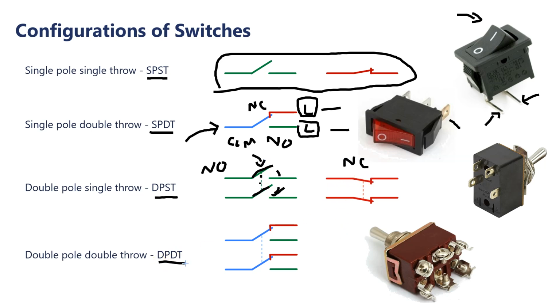And the last one is DPDT. It has two commons, two NC and two NO. So a total of six terminals, and the depiction of such a switch is shown on the right side.